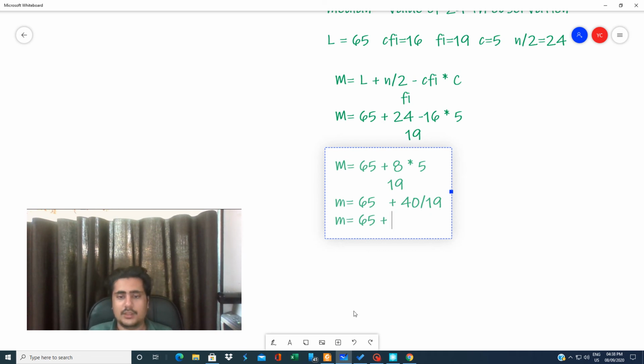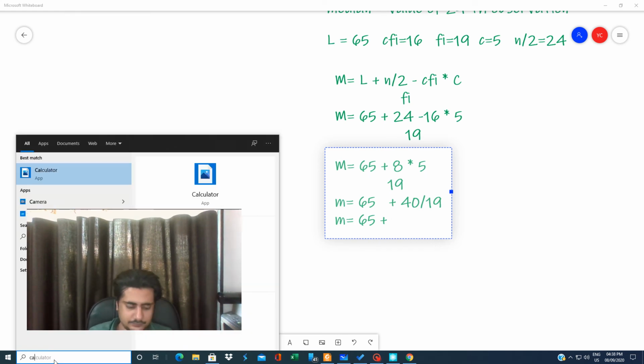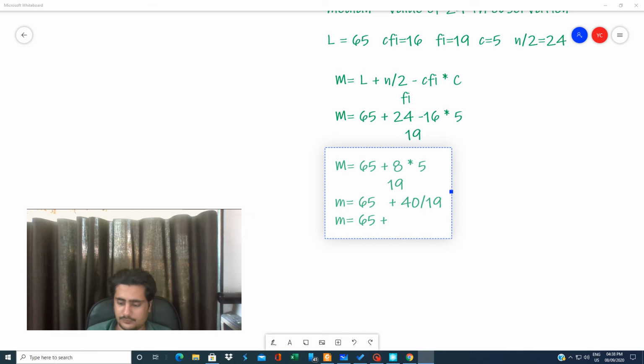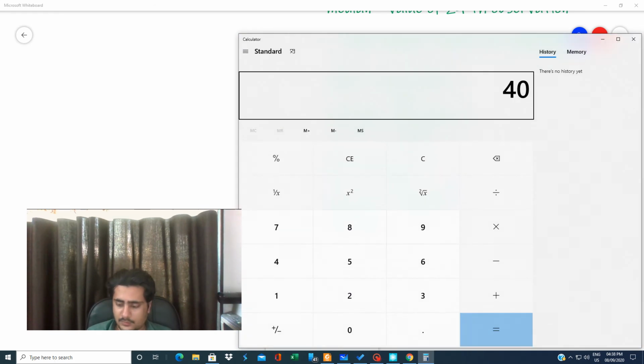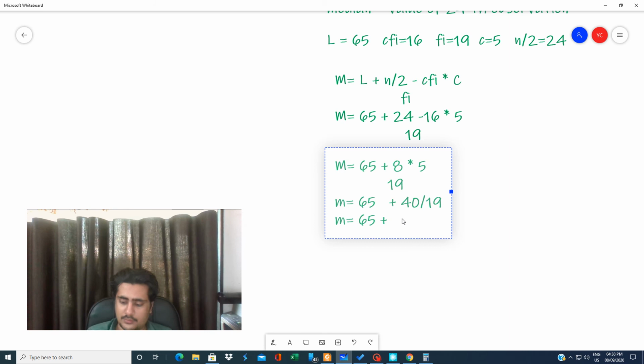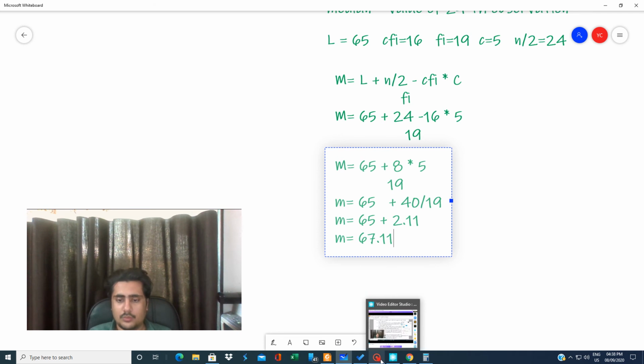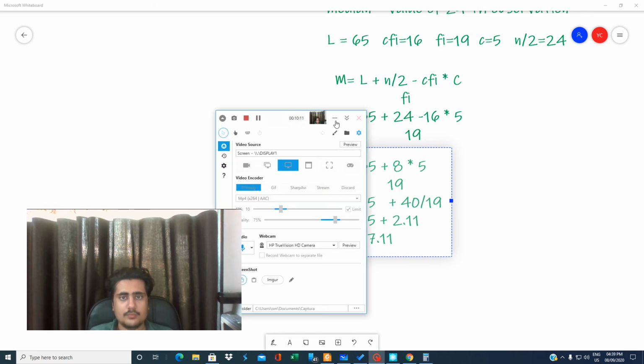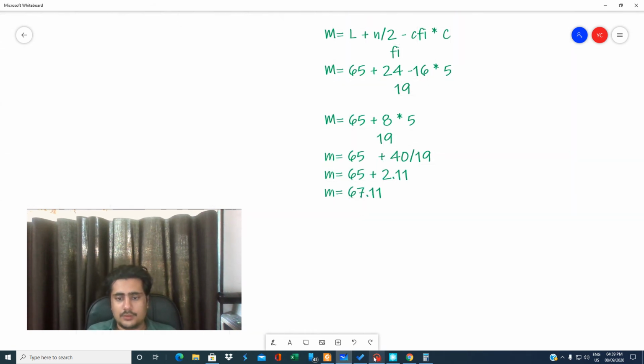Now what is this 40 upon 19? It's 2.11. Median is equal to 67.11. Okay.